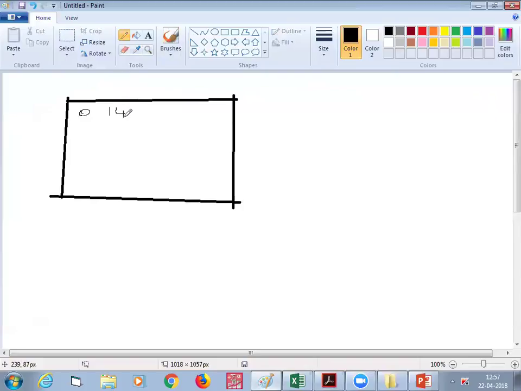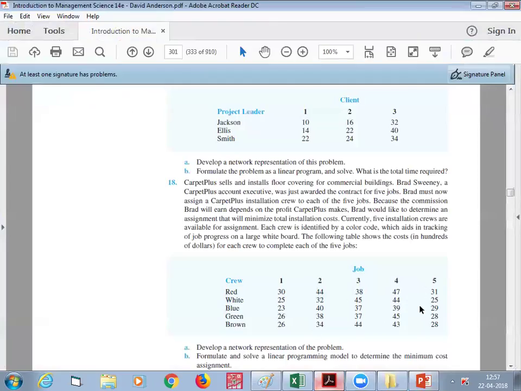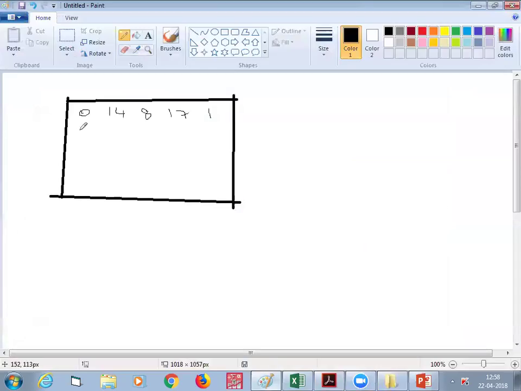Next row, 25 is least. So 0, 7, 20, 19, and 0.